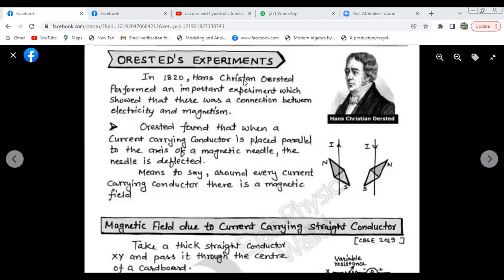Hans Christian Oersted performed an important experiment which showed that there was a connection between electricity and magnetism. Oersted found that when a current carrying conductor is placed parallel to the axis of a magnetic needle, the needle is deflected. That means around every current carrying conductor, there is a magnetic field.